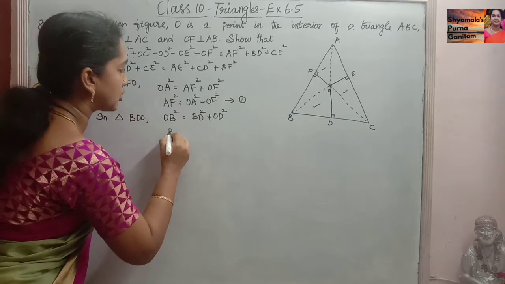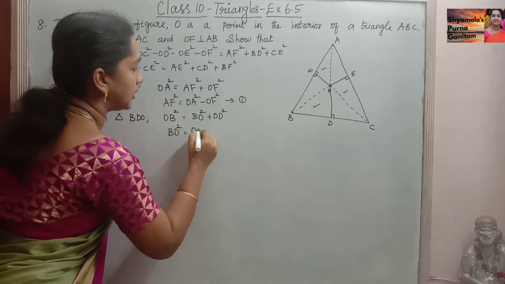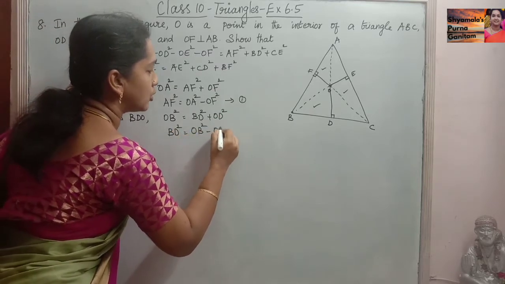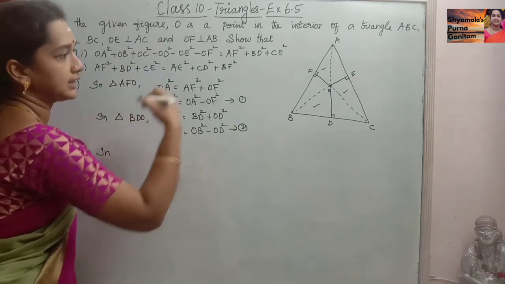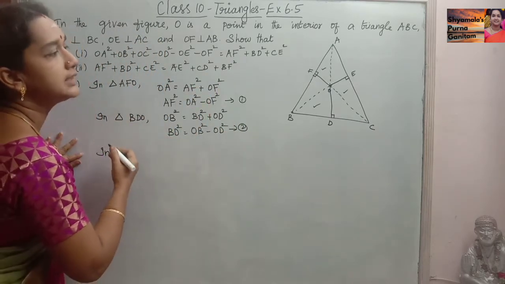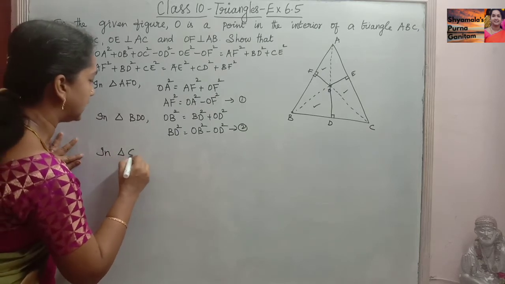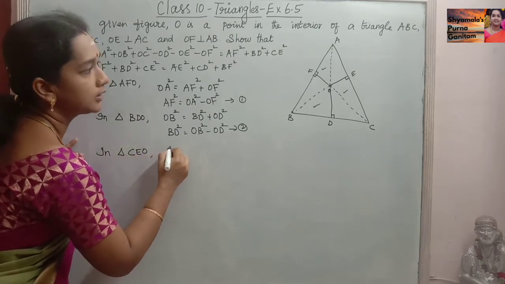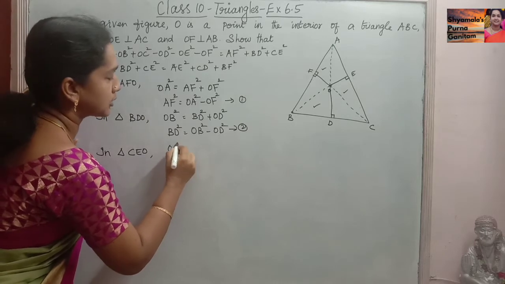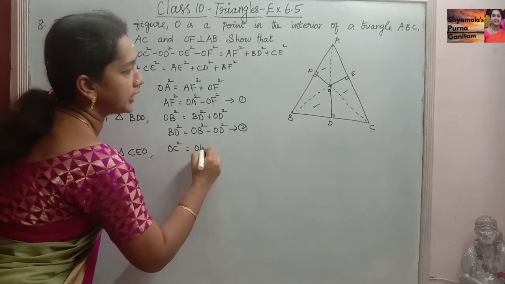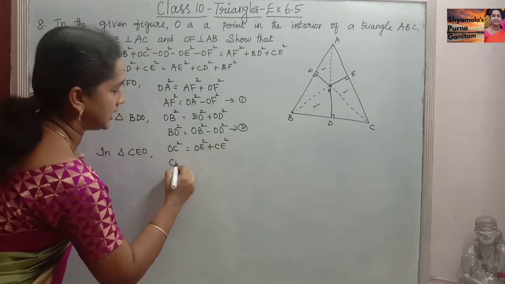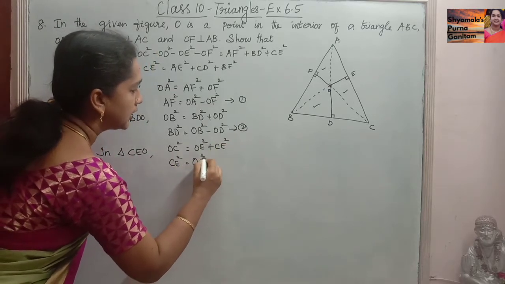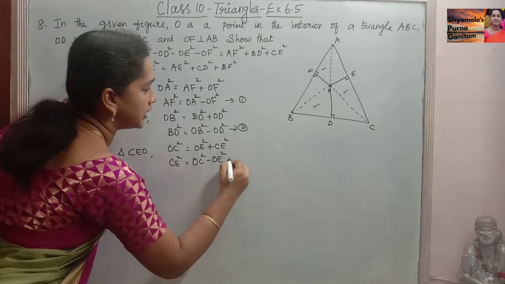We need BD squared, so BD squared is equal to OB squared minus OD squared. This is the second equation. Same way, in triangle CEO, OC squared is equal to OE squared plus CE squared. So CE squared is equal to OC squared minus OE squared.